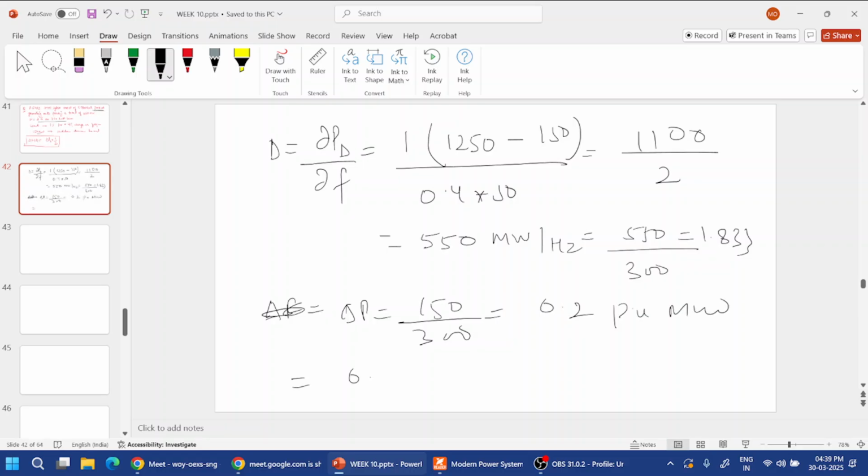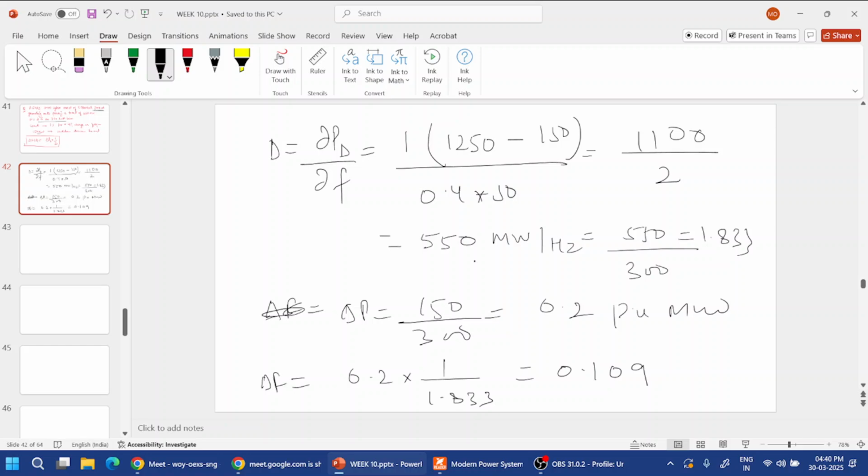So 0.2 divided by 1.833 comes out to be 0.109. So change in frequency will be this much.